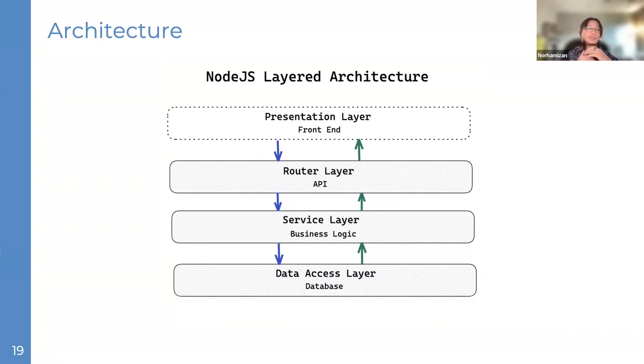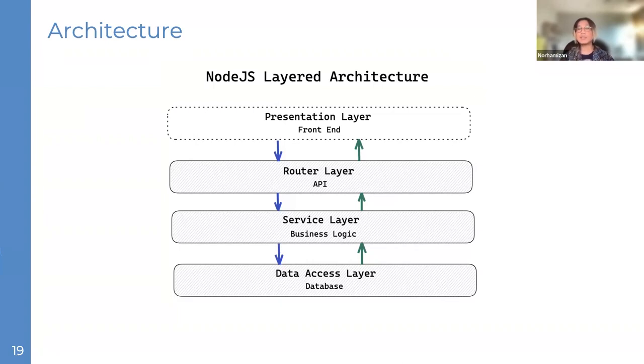Some of the Node.js frameworks out there right now, such as Nest.js, give you opinionated sections to work with. You have your router layer defined with controllers, your service layer with services, and then your data access layer with repositories.